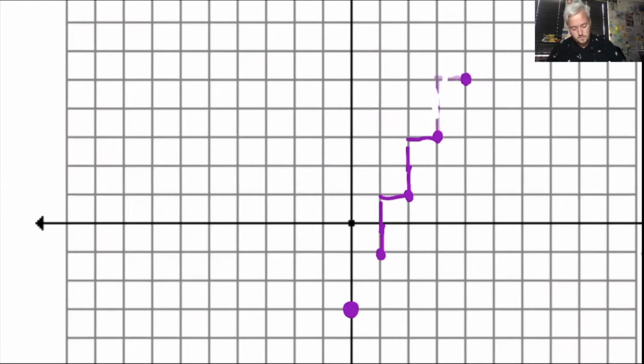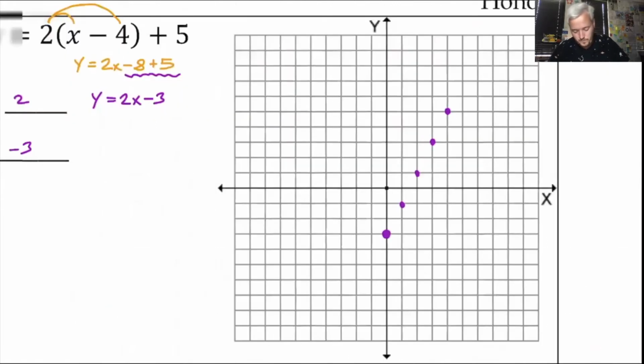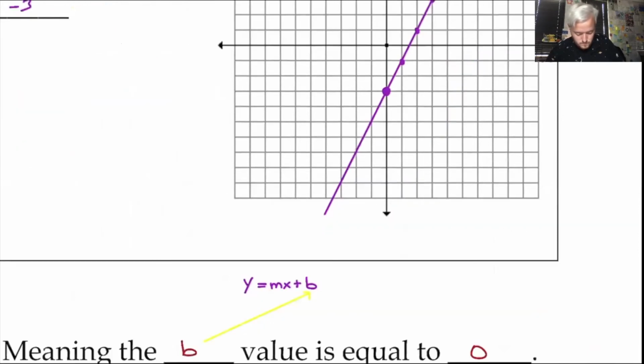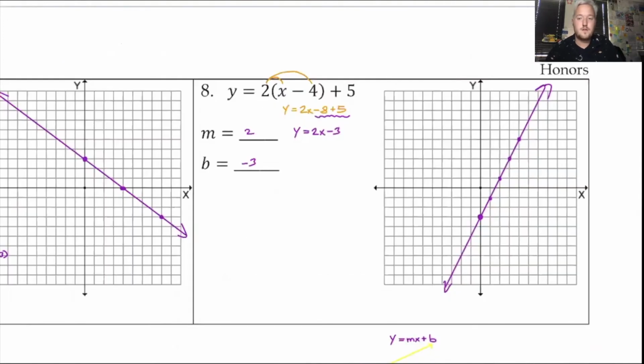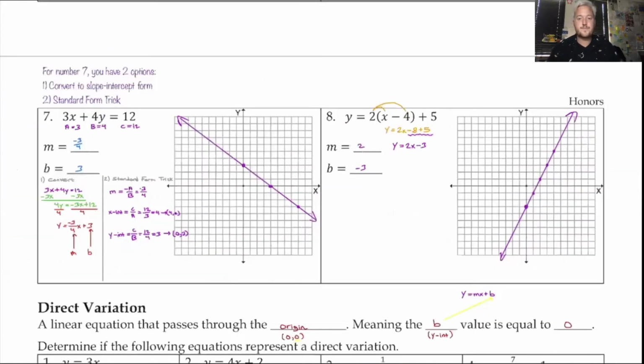All right, so that'll be enough points. All right, so scissor tool to extend the line. There we go. All right, so there's our equation.